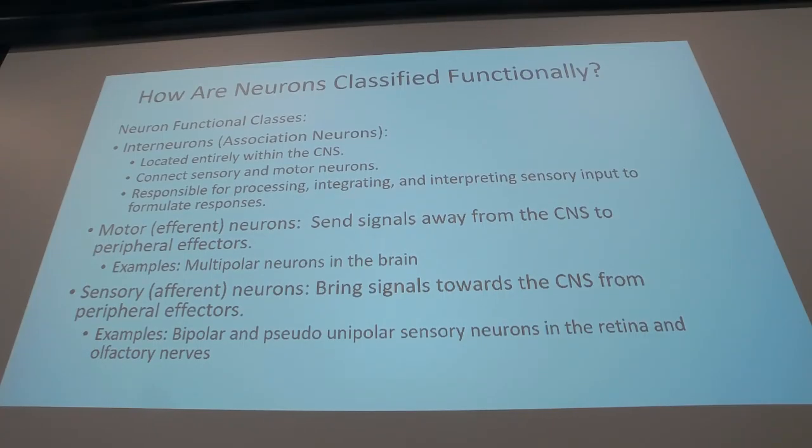They process information, integrate and interpret sensory input to formulate a response, like in a reflex arc.